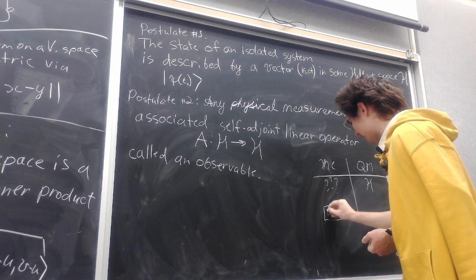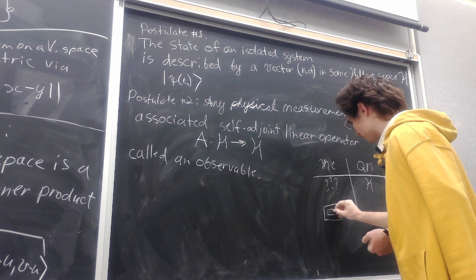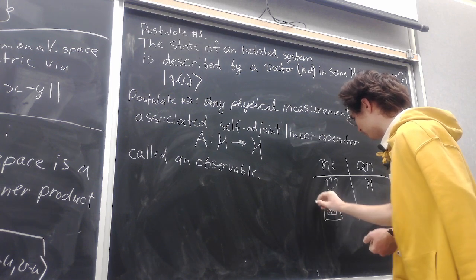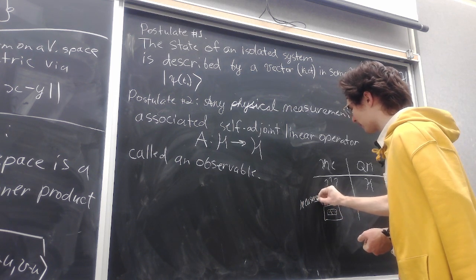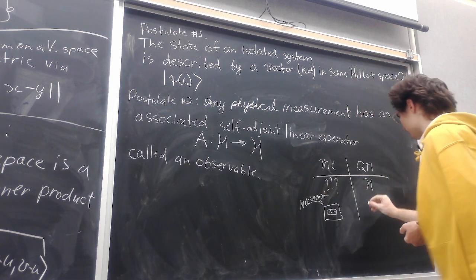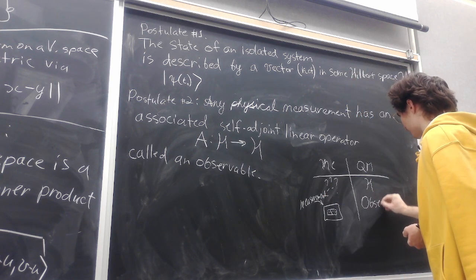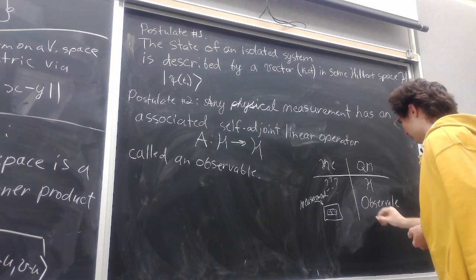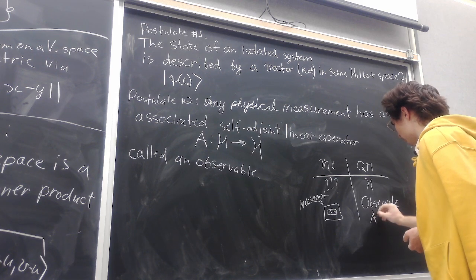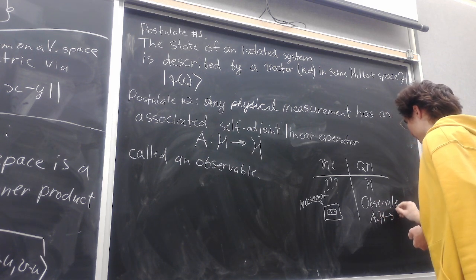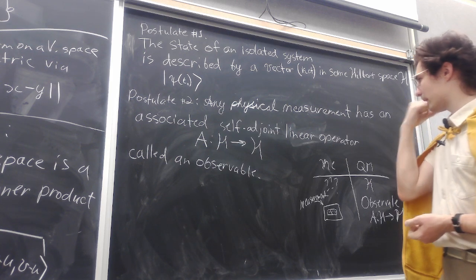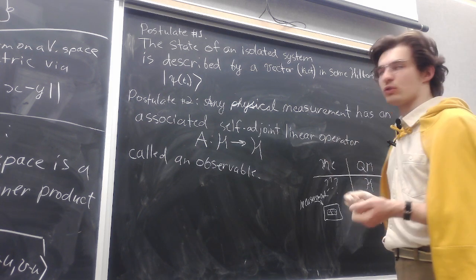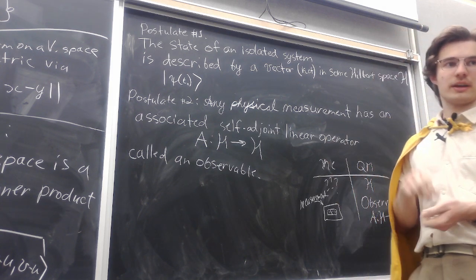It has a dial. The thing that is associated with that measurement is an observable, which is a self-adjoint linear operator from H to H. Self-adjoint means that the adjoint is itself, so A dagger is equal to A.